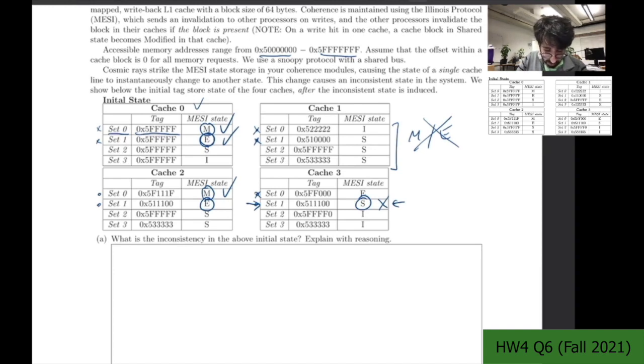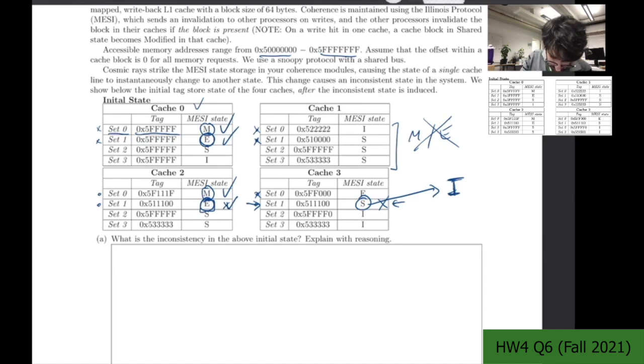And the possible error here is that the initial state, before the cosmic ray strike, could be that this was in invalid state, and then this exclusive state here could be valid.